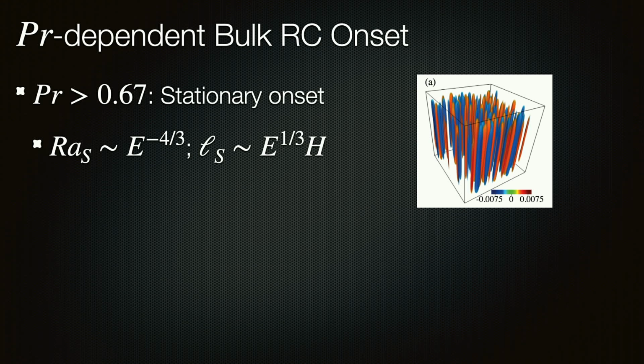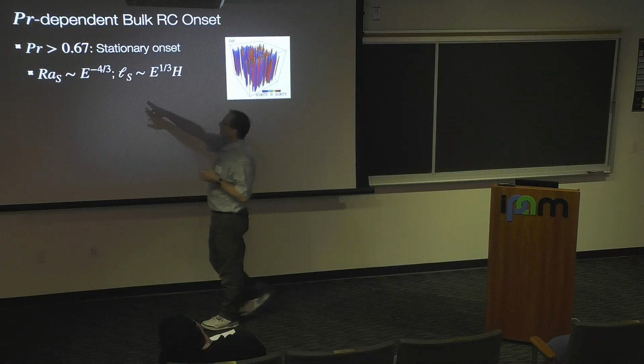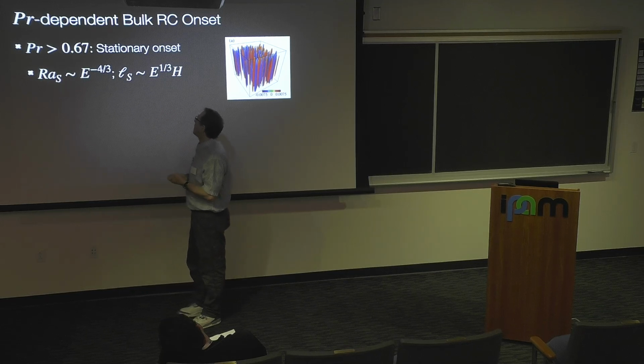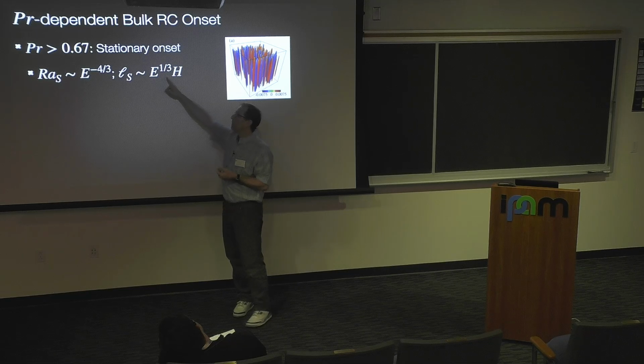So the more rapid the rotation, the higher we have to force it to break kind of the gyroscopic stabilization of the fluid layer. So that goes as Ekman to the minus 4/3, and the horizontal length scale at which this instability occurs goes as Ekman to the 1/3.